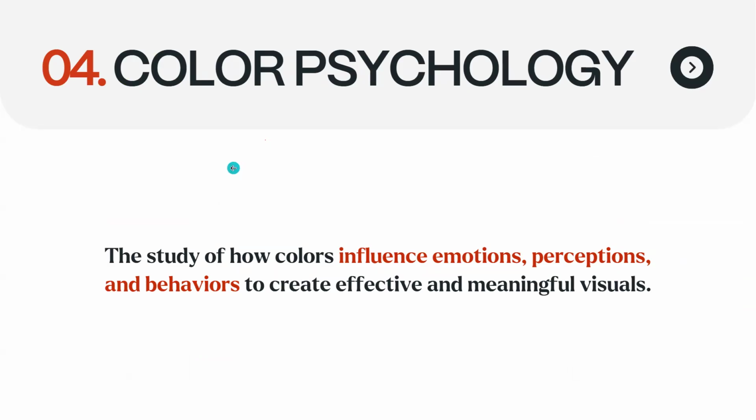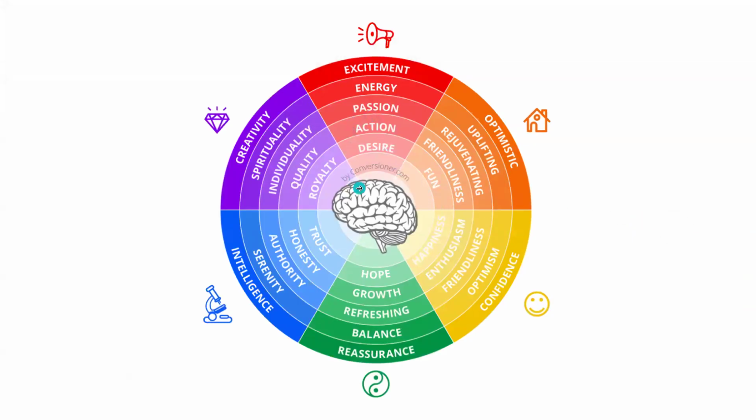Color psychology is a very vast subject, and most of the graphic design decisions are based on the psychology of color. So this is how our brain works. As we humans are emotional beings, different types of colors create different types of emotions in our mind, in our heart.